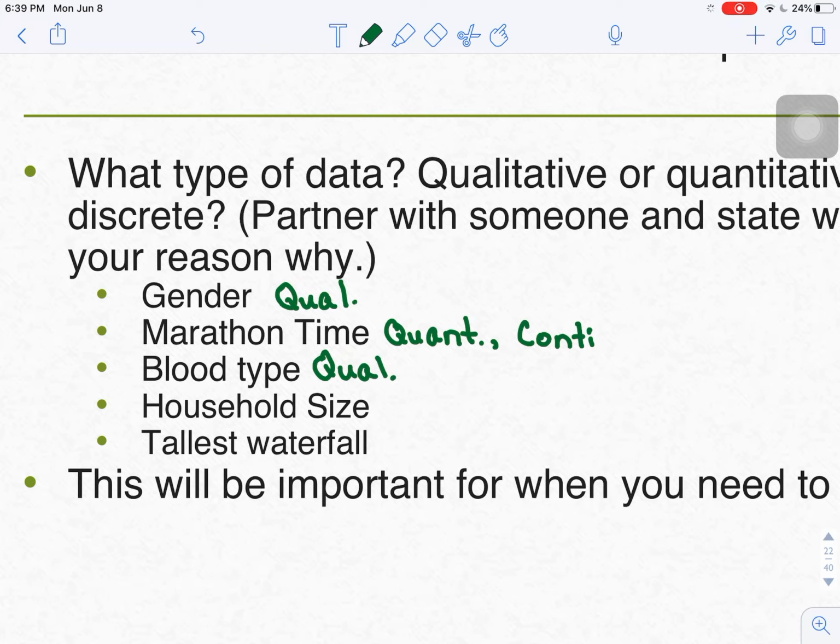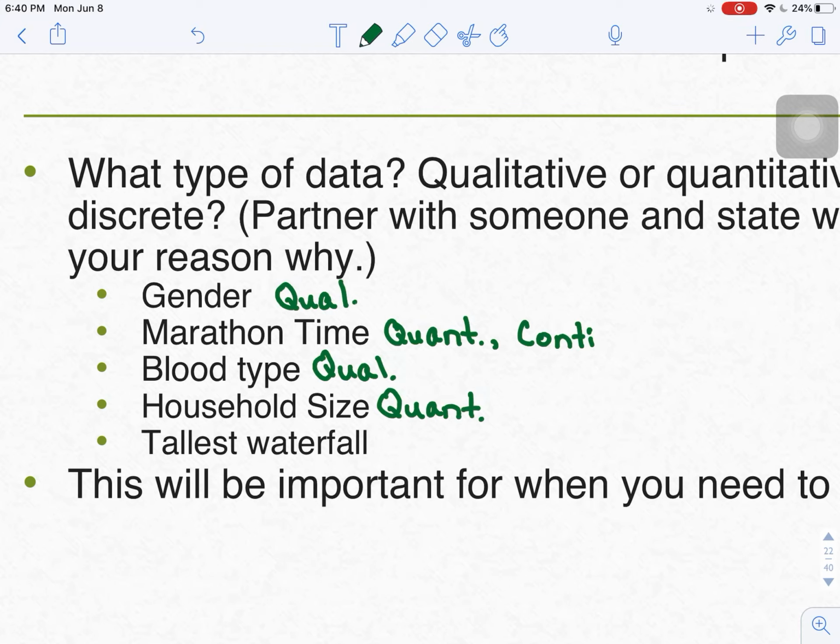For blood type, that's qualitative again. Because you have A positive, A negative, B negative, B positive, AB positive, AB negative, and O positive and negative as well. So none of those are numerical answers.